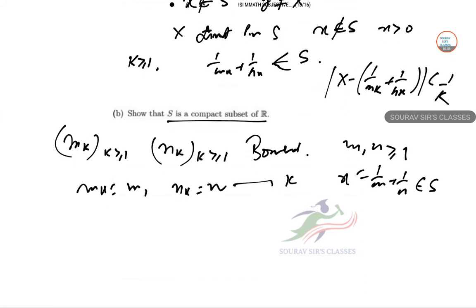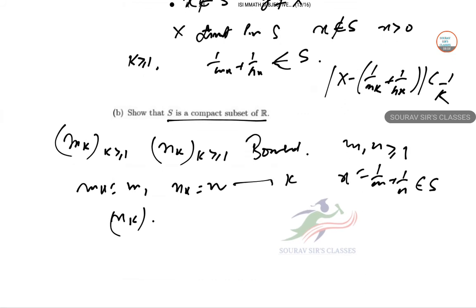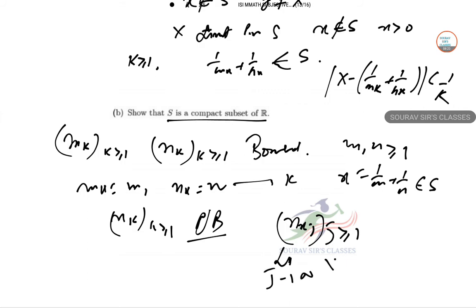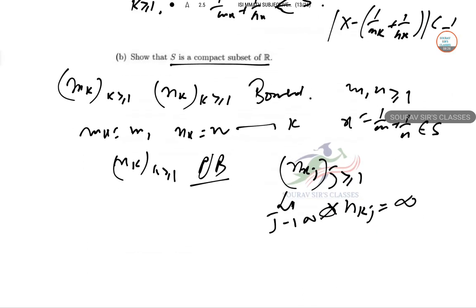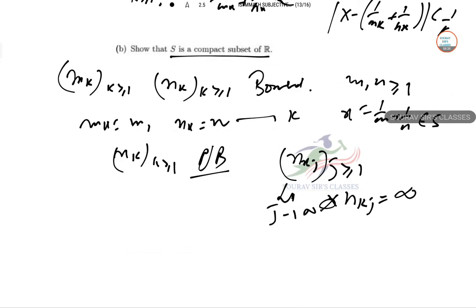So hence we can assume here that nk, k greater than or equal to 1, is unbounded. So now let nkj, j greater than or equal to 1, be a subsequence such that the limit as j tends to infinity of nkj is equal to infinity. So if the sequence mk is bounded, there exists m greater than or equal to 1 such that mkj equals m.